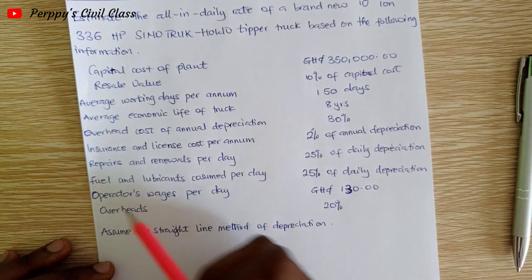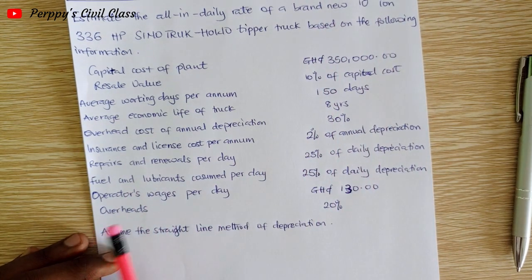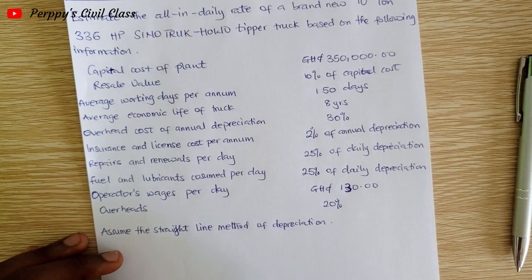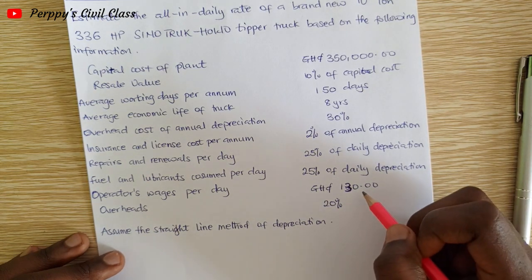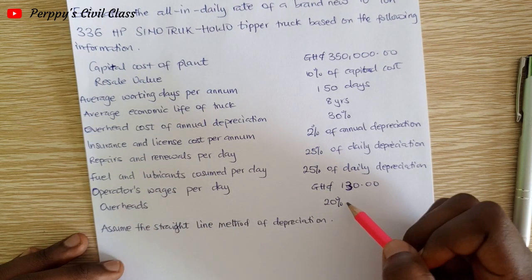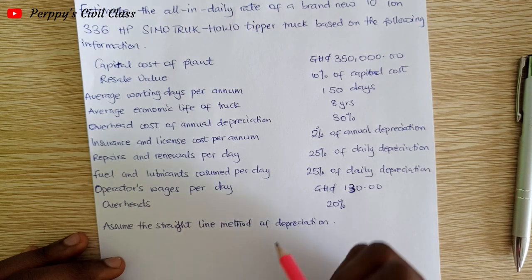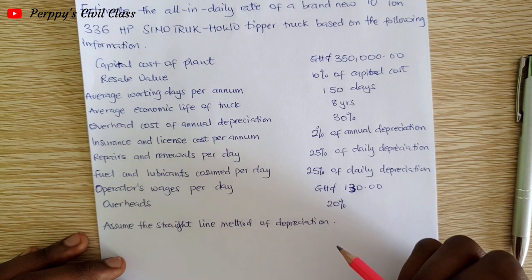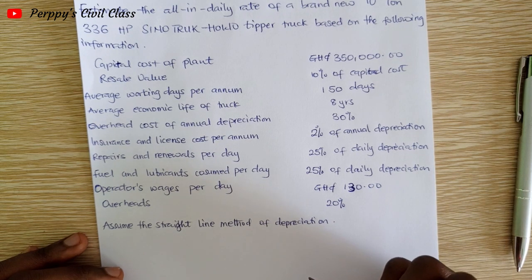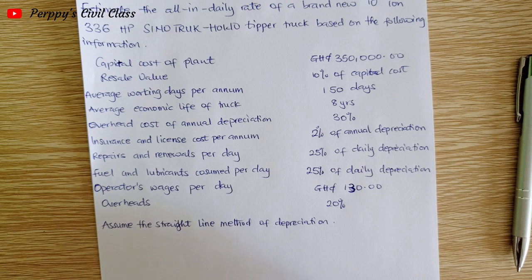The operator's wages per day, that's the driver driving the tipper truck, is 130 Ghana cedis per day. Then overheads, we have 20%. We are to assume the straight line method of depreciation to solve the all-in daily rate of this tipper truck. So let's get started.